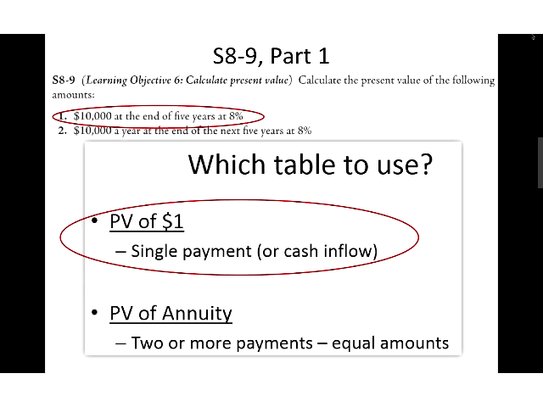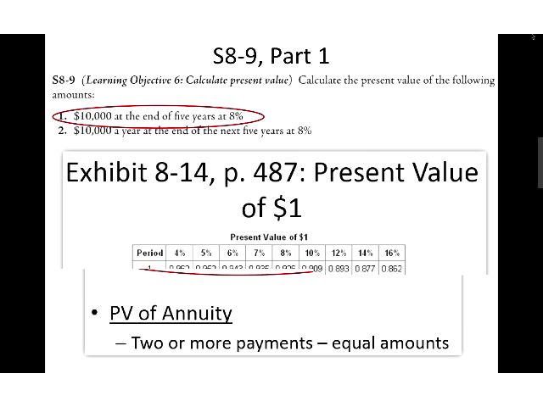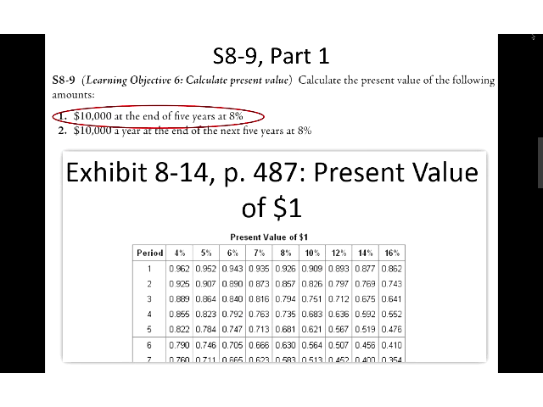So then how do we use the table? We know that we're going to use the present value of a dollar table, and we will switch to that table right now. On page 487, we would open up our book and turn to page 487, or in My Accounting Lab, there'll be pop-up buttons that you can click for which table you want.